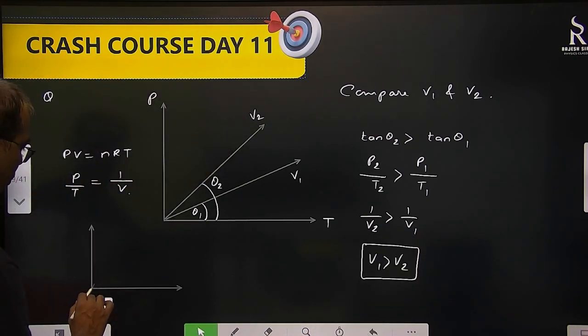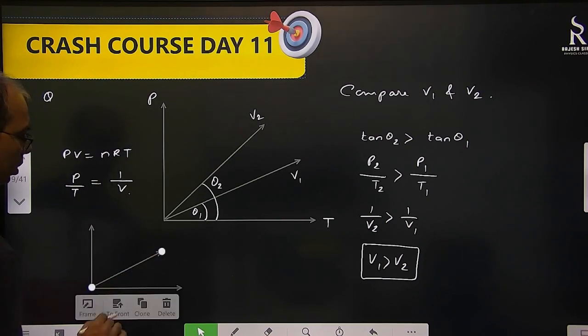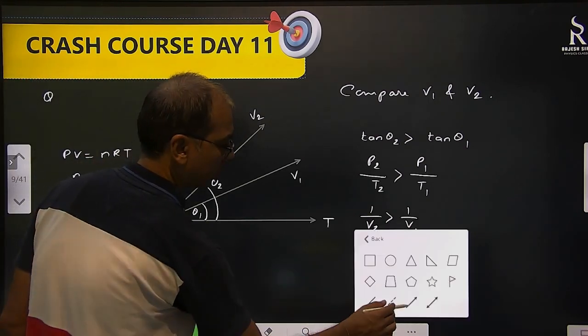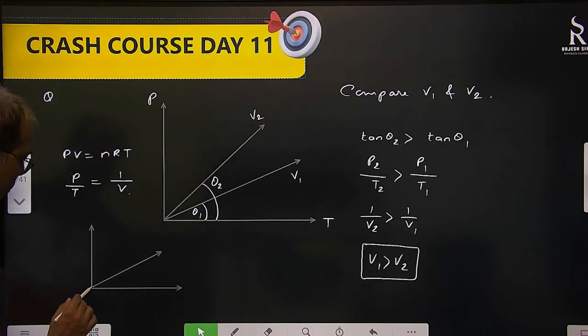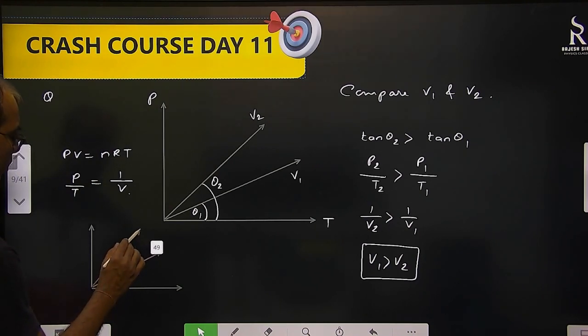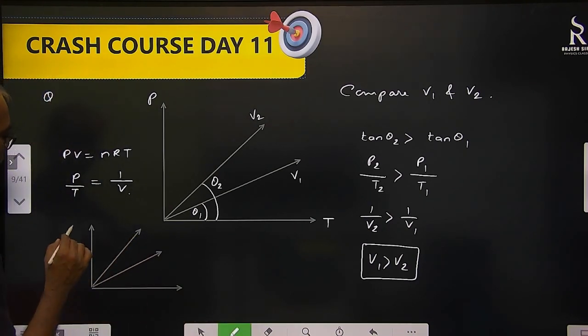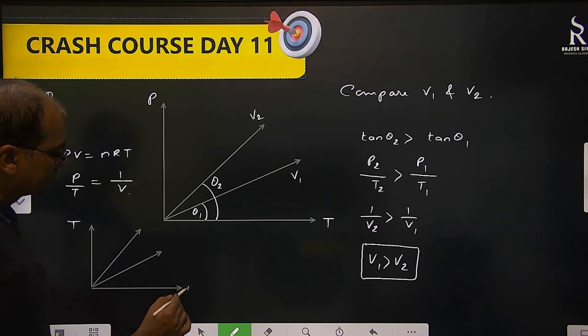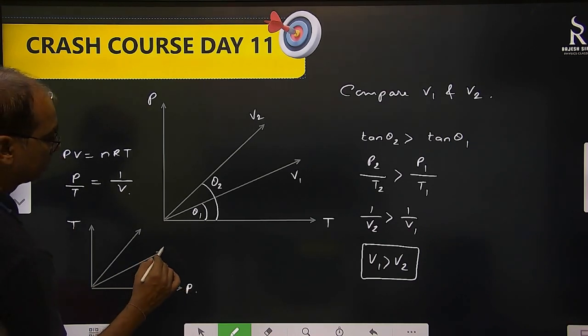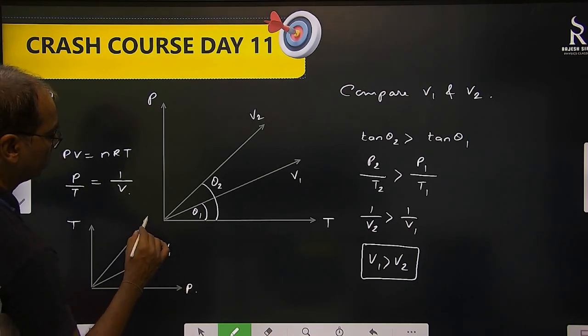Let's make it from origin directly. This is one more and one more. And the graph is a TP graph. And this is V1 and this is V2.